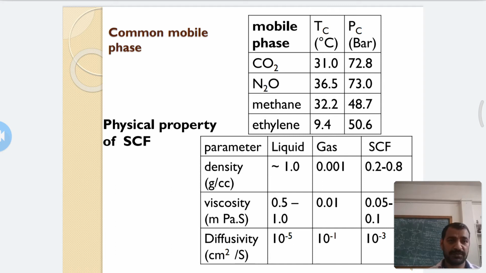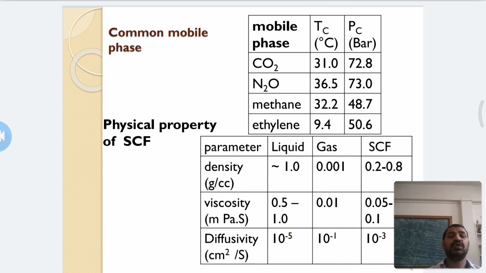Out of these, four are mostly used: CO2, dinitrogen oxide, methane, and ethane. Of these four, CO2 is used the most, and the other three are rarely used. Methane and ethane are highly explosive to handle as supercritical fluids, which is why they are rarely used. Dinitrogen oxide is unstable and a highly oxidizing agent that acts as a nitrating agent, so it is also rarely used.